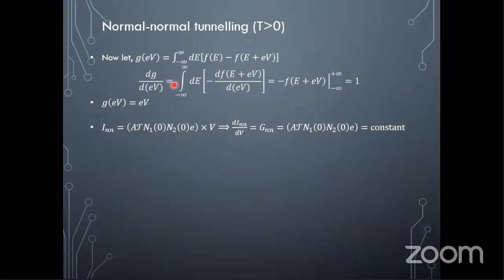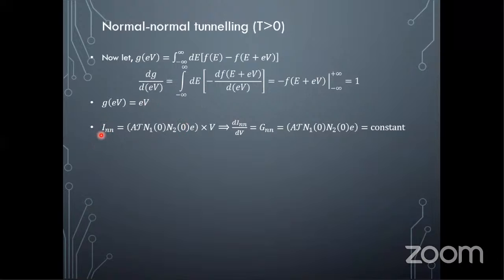So in this case, I can just call the integral g of EV, and if I take the derivative of g of EV, this is just 1. So I can write this integral as the integral over just EV. So my integral is equal to EV.